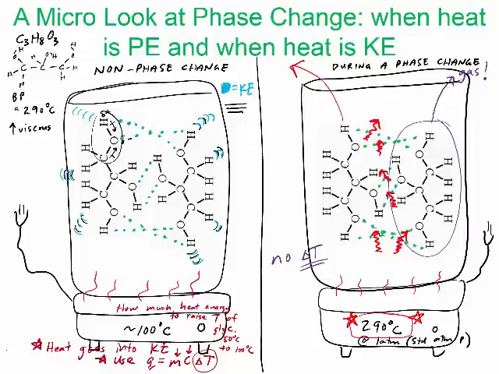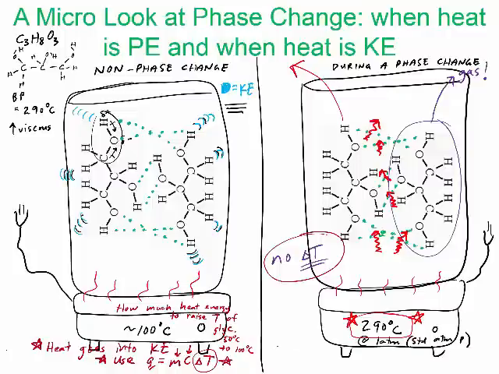For a phase change, there is no delta T, so we cannot use the traditional heat equation. We need another variable. We need what is called the enthalpy of phase change.